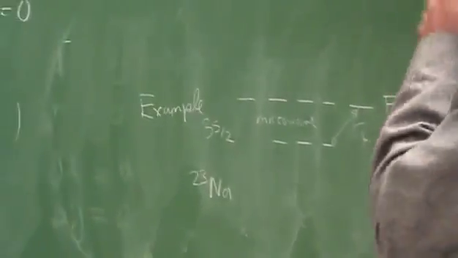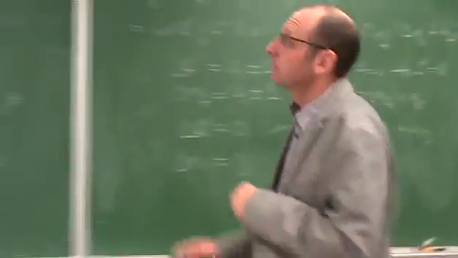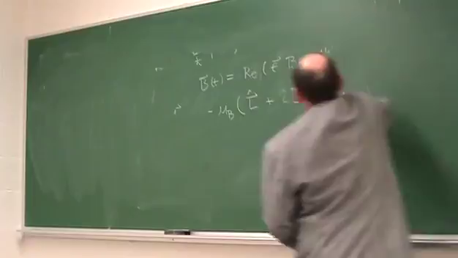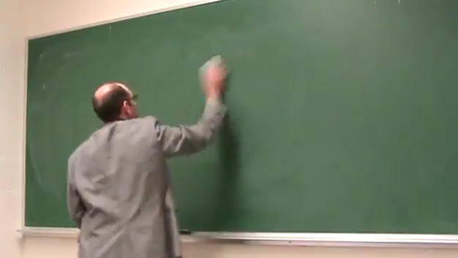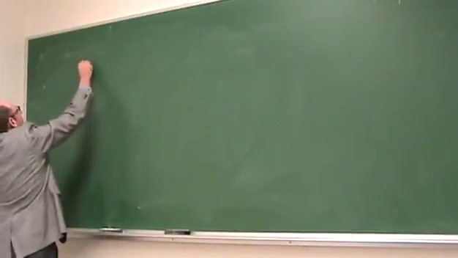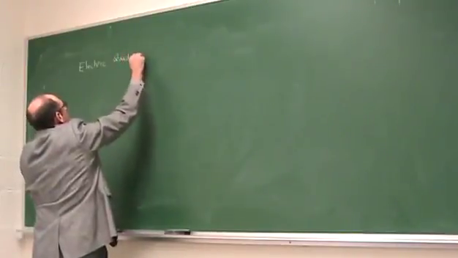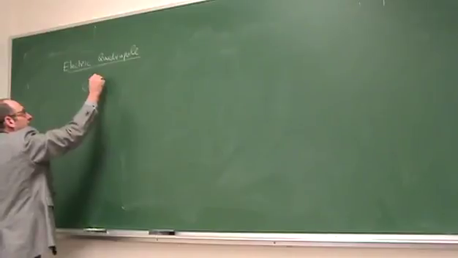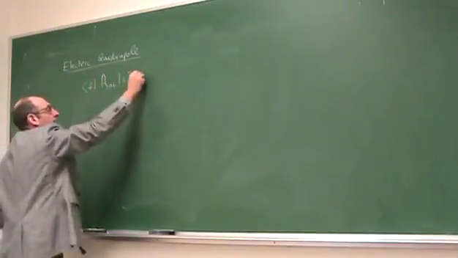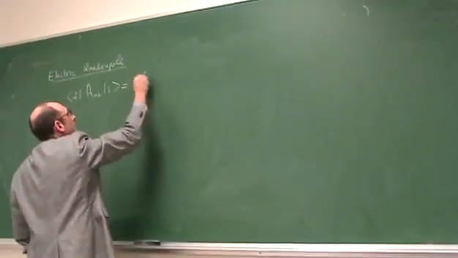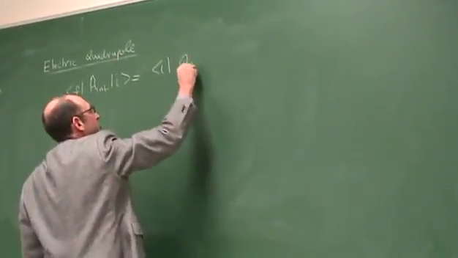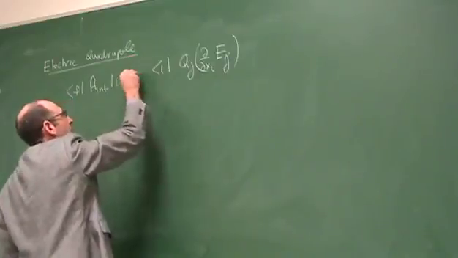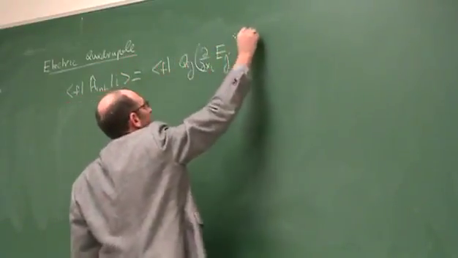Let's look at the electric quadrupole. Well, my interaction matrix element in this case was related to the contraction summed over i and j. I use the repeated index summation.